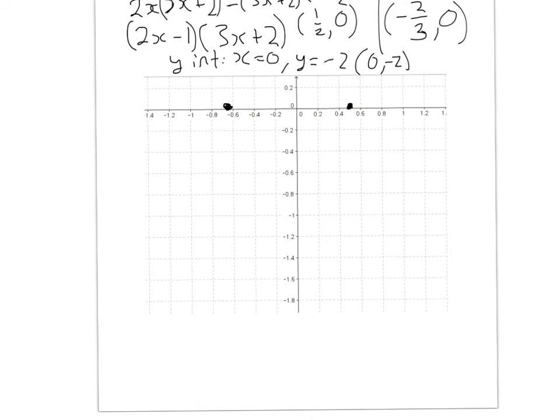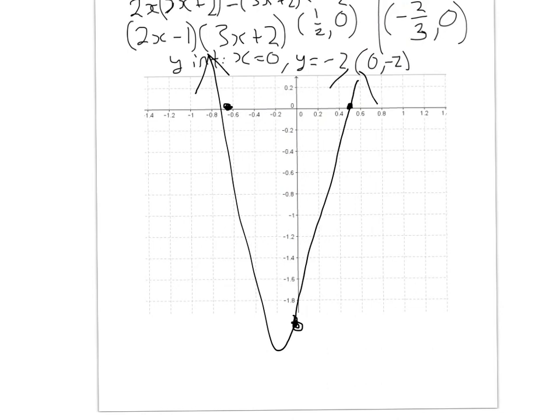And then I have my y-intercept, so it's at 0, minus 2, so across 0, down to, it's actually off the grid over here, so it's about there. Now guys, that tells me that it goes down like that, and up that way. And that's a polynomial.